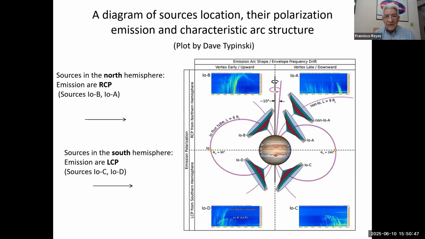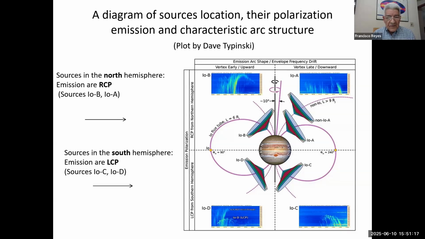Here I have a plot by Dave Typinski characterizing some of the polarization and the structure of the emission that you receive from different sources. So on the left side here, you can see that emission from the north hemisphere are right-hand polarized, and that includes the sources Io-B and Io-A.